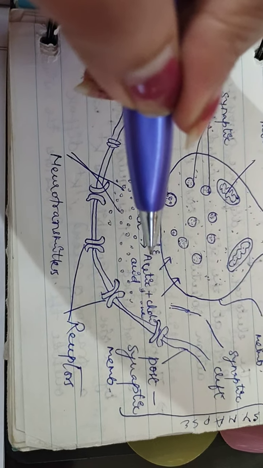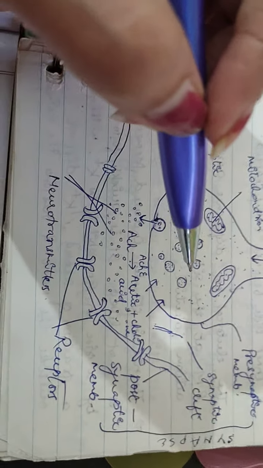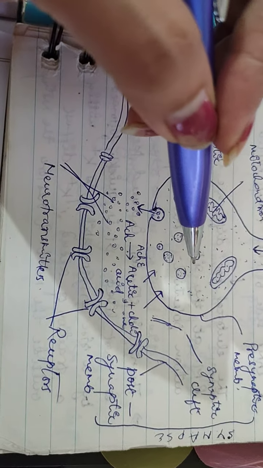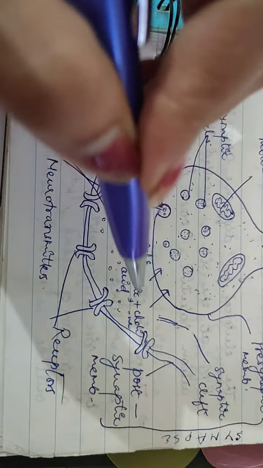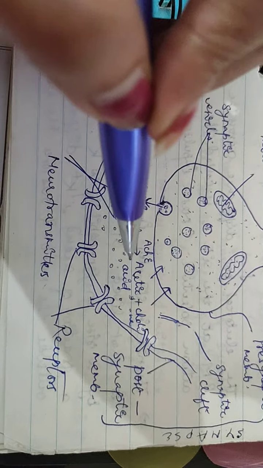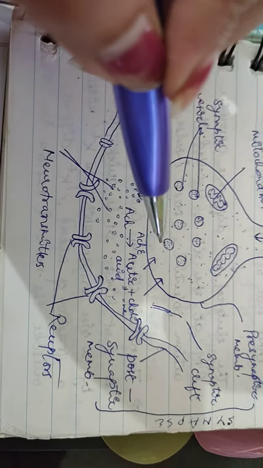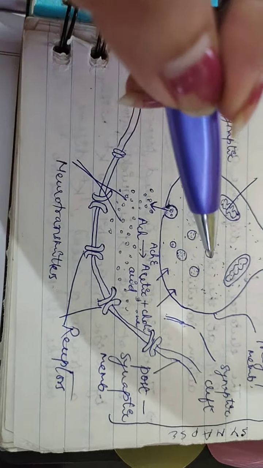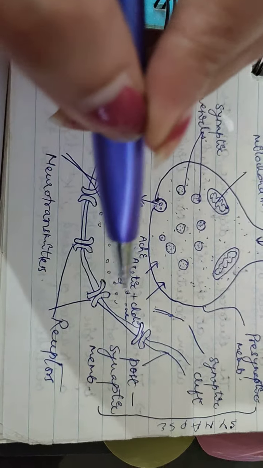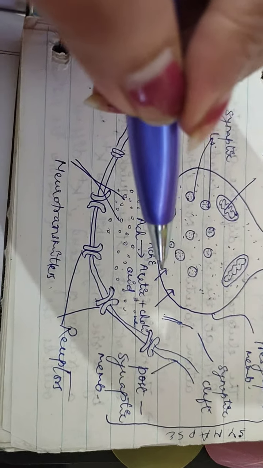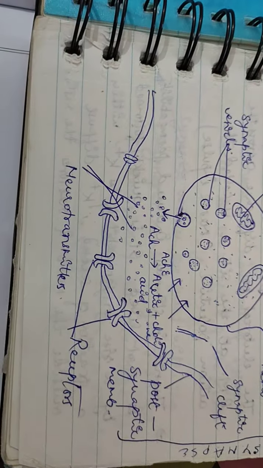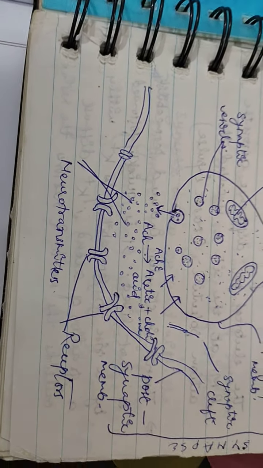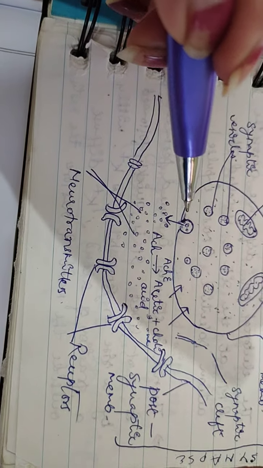It is just like khai in Hindi. As I told you, there is no physical contact between two neurons, but they are associated, and their messages are conveyed by some sort of neurotransmitter which is released by these vesicles.